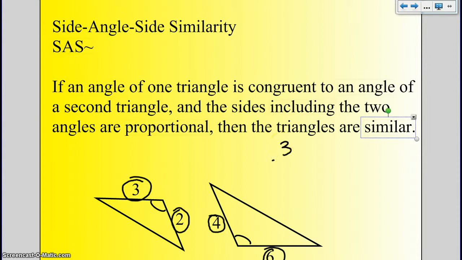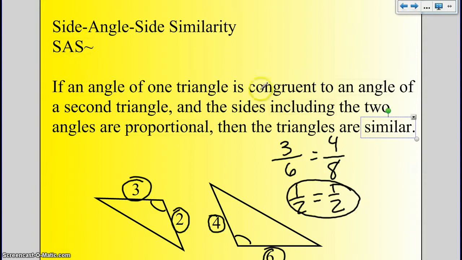I have a 3, I compare it to the 6. I have a 4, I compare it to the 8. 3 over 6 should reduce to 1/2. 4 over 8 should reduce to 1/2. These two things are the same, so they are proportional. I have two proportional sides, one included angle. I have SAS.